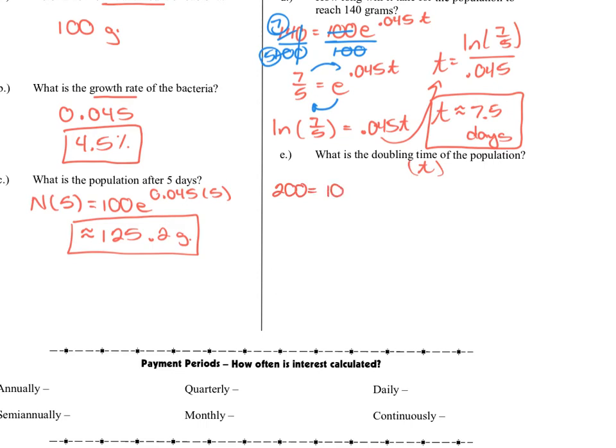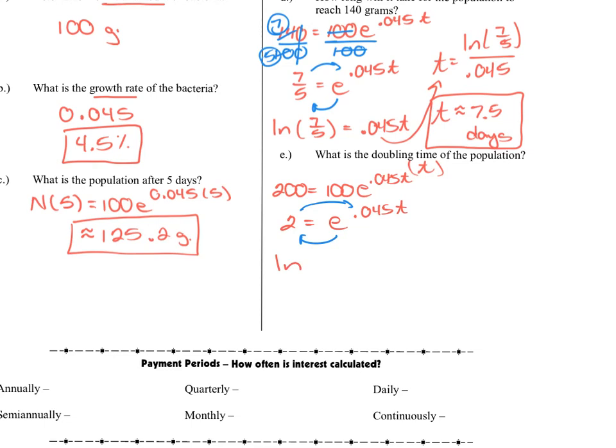And then, of course, we still have the 100e^(0.045t). Just like before, we can divide both sides by 100. That, of course, is going to clean this up very, very quickly. So I can just write this as 2 equals e to the 0.045t. Just like before, we're going to switch to our logarithm. Of course, log base e is going to become natural log.